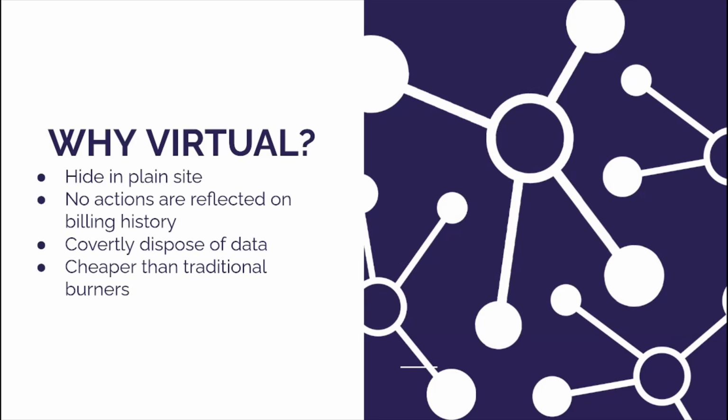And it's really easy to dispose of any data. It's much faster than a traditional burner phone as well. You don't have to go around destroying the phone and hiding the evidence. You can quickly just press a button and it's all gone. And it's really cheap to set this up. You're talking less than $27 for several months of service.